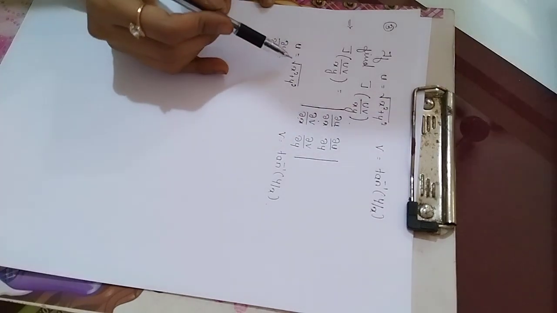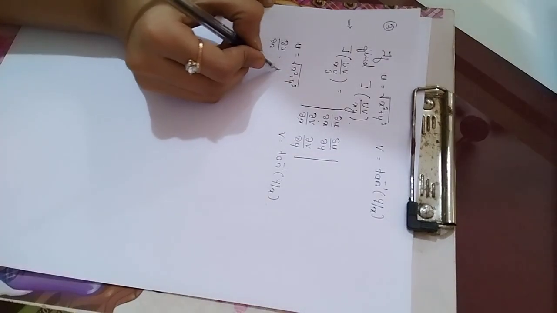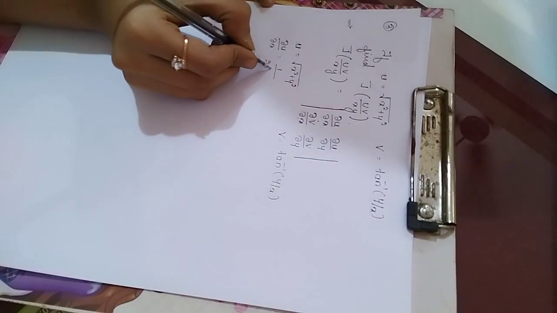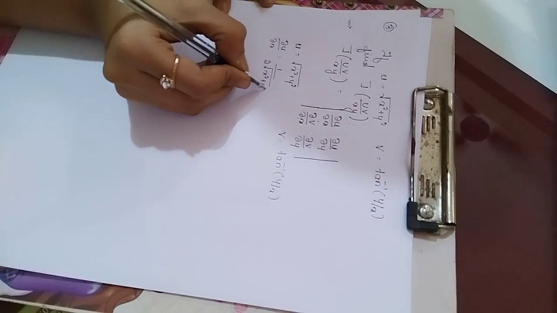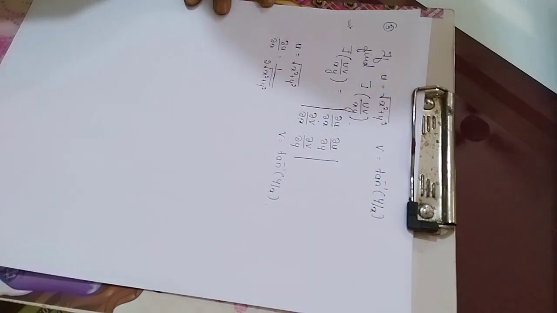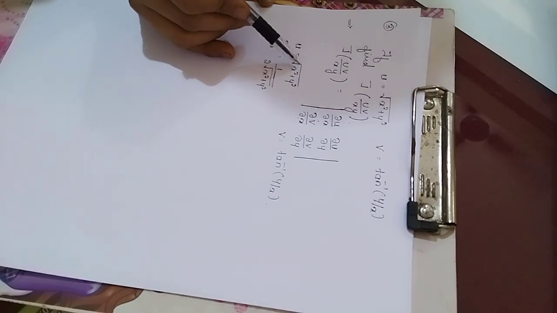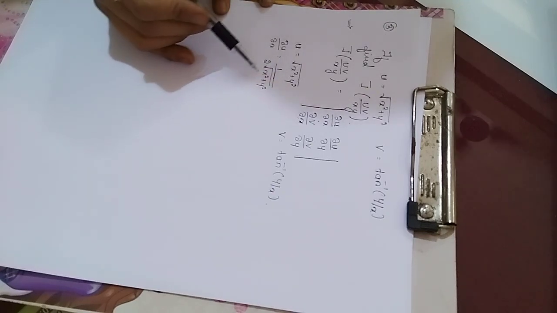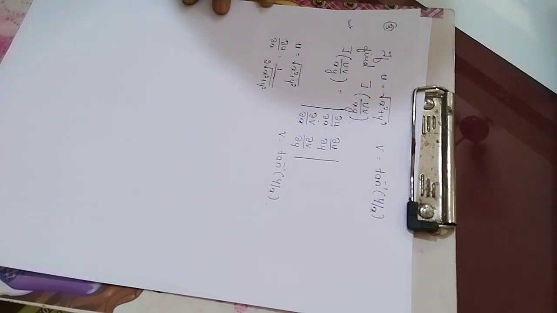So the differentiation of root of x square plus y square, we write it as 1 upon 2 root x square plus y square, because the differentiation of root x with respect to x can be written as 1 upon 2 root x.